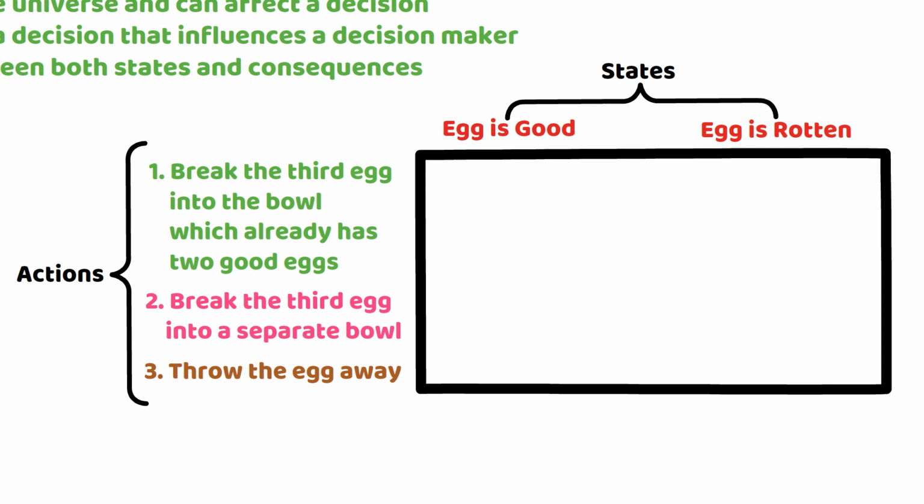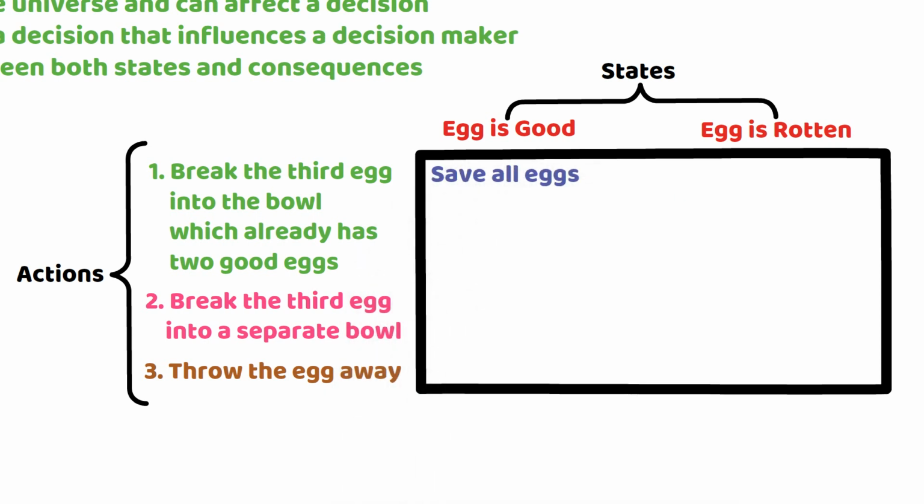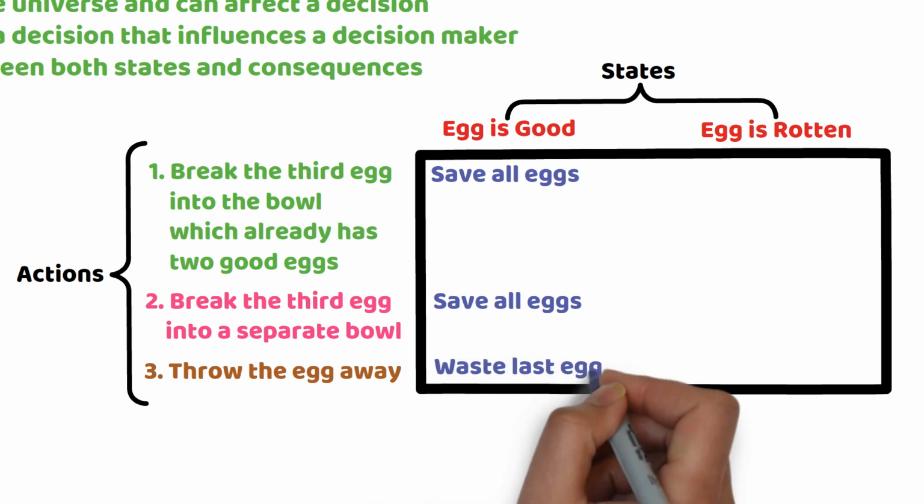The possible consequences of his actions may be: if the egg is good, and he breaks the 3rd egg into the bowl, which already has 2 good eggs, he could save all eggs. If the egg is good, and he breaks the 3rd egg into a separate bowl and later mixes it with the other 2 eggs, he could save all eggs. If the egg is good, and he throws it away, he potentially wastes 1 egg.